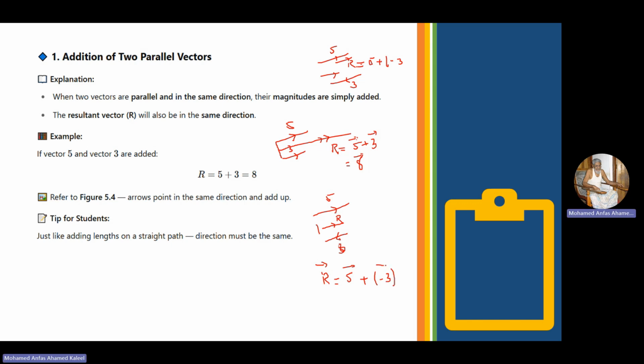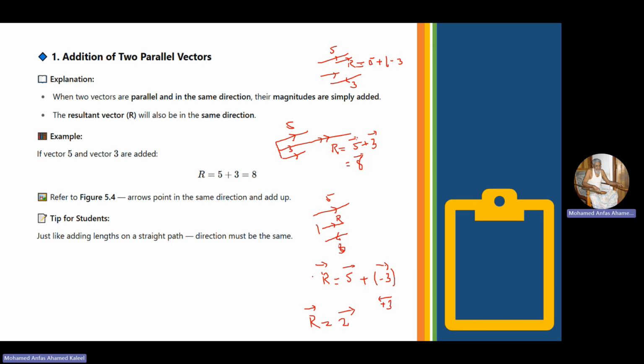If you take plus 3 in the other direction, I have changed the sign to minus so I can convert it to the resultant direction. So R is equal to 5 minus 3, which is 2. The magnitude is 2 in this direction. Right.